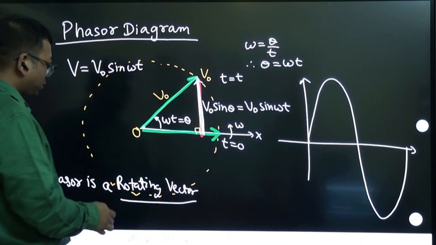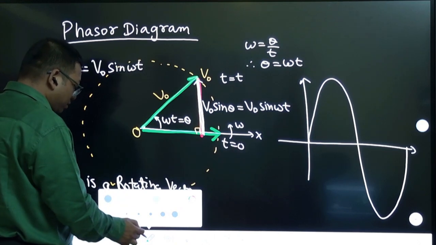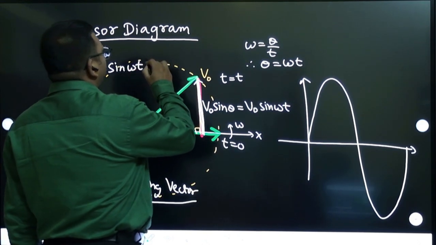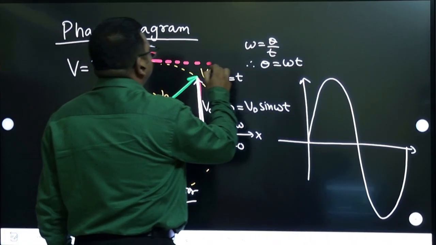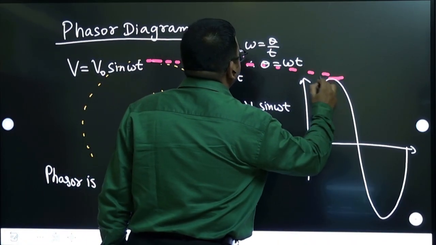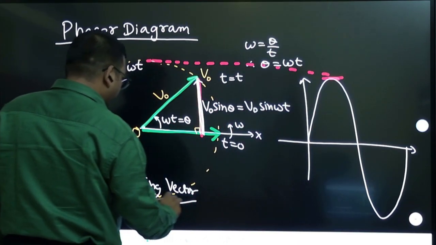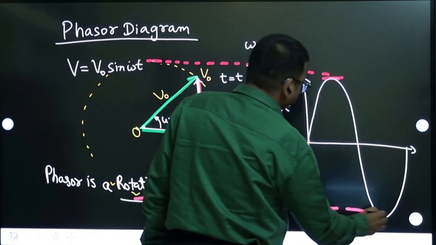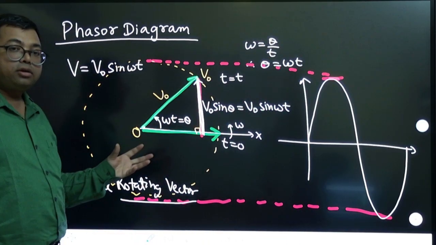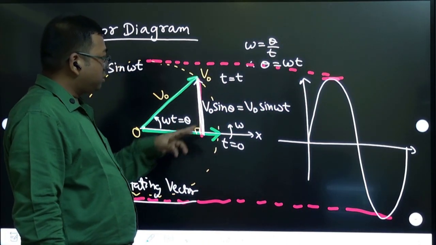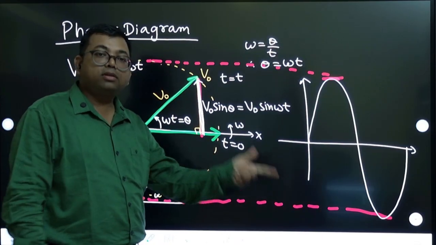This is the maximum value of this circle, and similarly this is the minimum value. Together you can draw this phasor diagram and the graph.